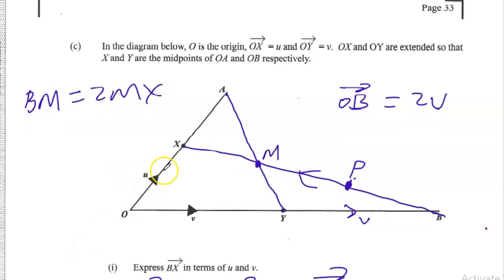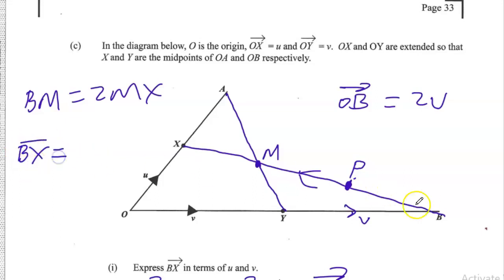One strategy we could take is to find BX. BX is equal to B to O plus O to X, but we found BX already. So to get BM should be straightforward then.